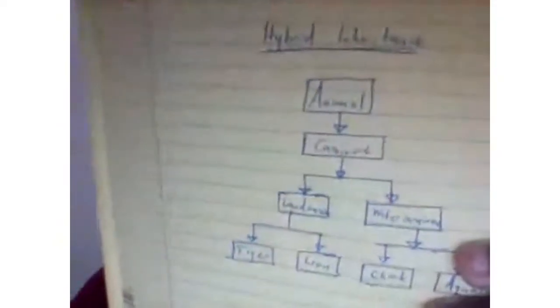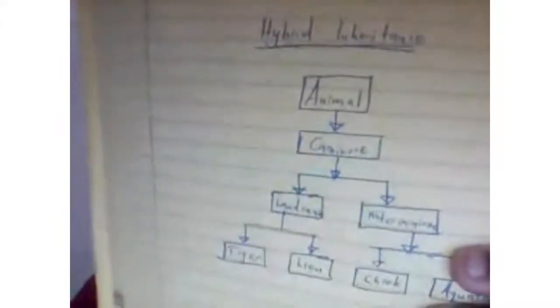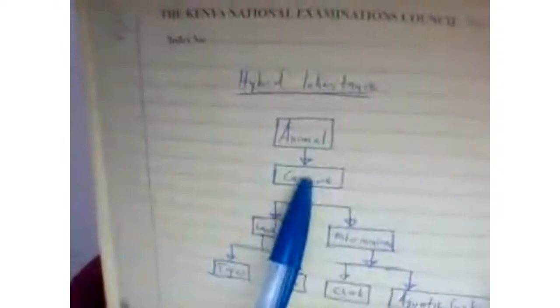Now, look at this hybrid inheritance. It is important that you have your webcam so that you can see what I'm showing here. This is how it looks: there is an animal, then carnivore, then carnivore branches out into two, and each of these branches out into two.